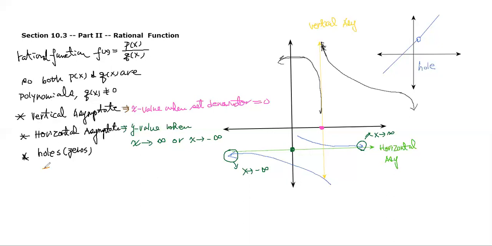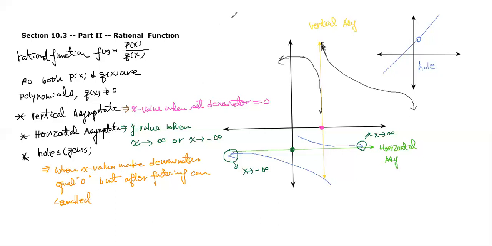The hole is when the x value makes the denominator equal 0, but after factoring, it can cancel out with the numerator.